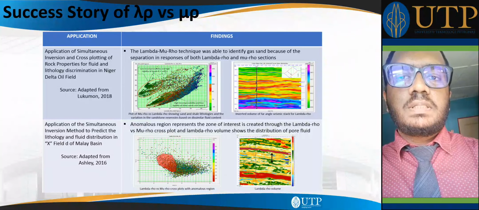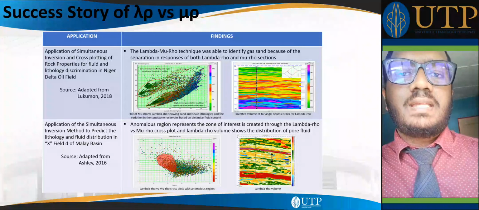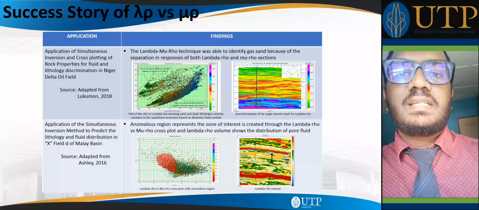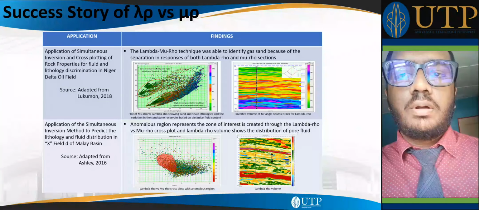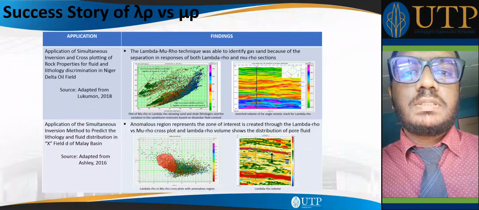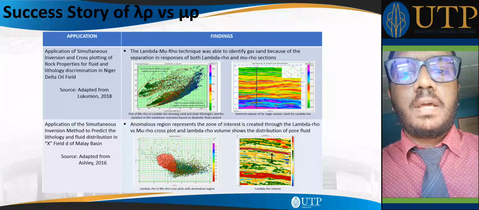The first picture is the plot of Mu-Rho versus Lambda-Rho, showing sand and shale lithologies and the variation in the sandstone reservoirs based on dissimilar fluid content. And the second picture shows the inverted volume of far angle seismic stack for Lambda-Rho.